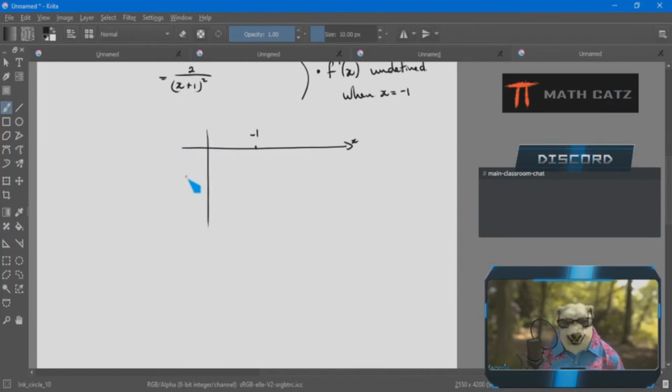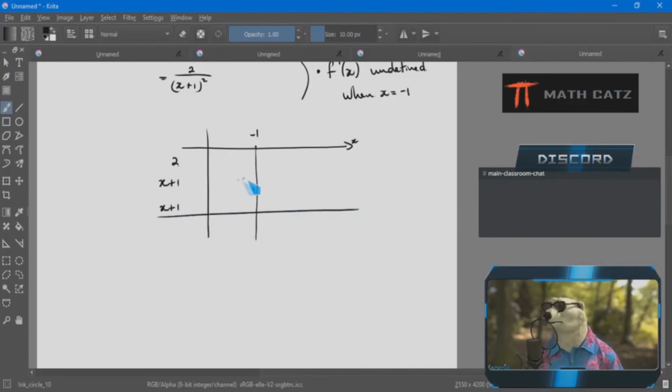Regardless, a simple table is just better. I'm listing everything. The 2, and there are 2 x plus 1s. And my x values are only split up into 2 intervals. There was only one x value that came out of this. They're going to combine to give me the derivative. Now 2 doesn't do much, but it is there. I don't want to miss it. It's always positive.